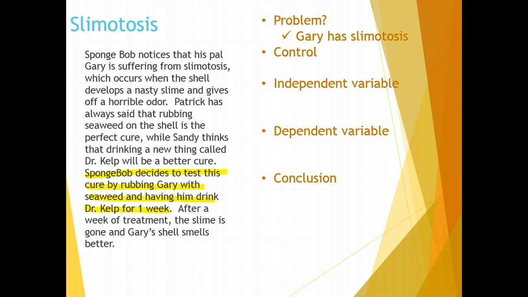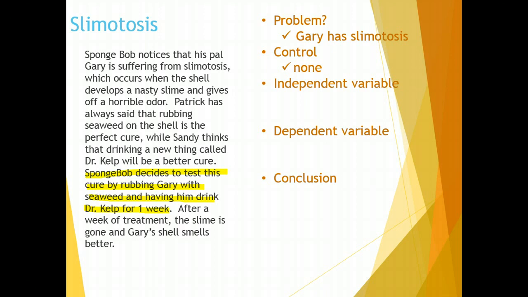Did he have a group where one thing was tested and one thing was not? In this experiment, there is no control group. If he wanted to set up an experiment with a control group, he would need two animals with slimatosis. He would need to test one cure on one of the animals and test nothing on the other animal in order to compare them.